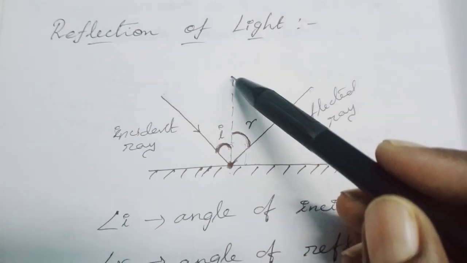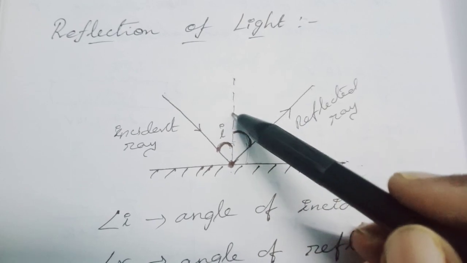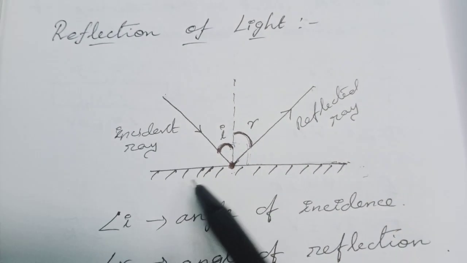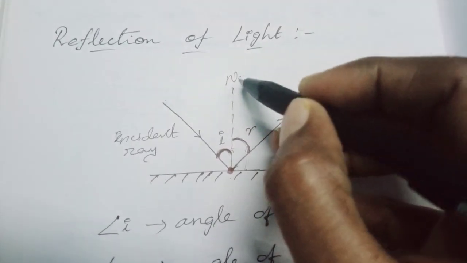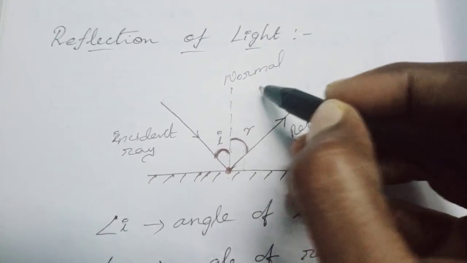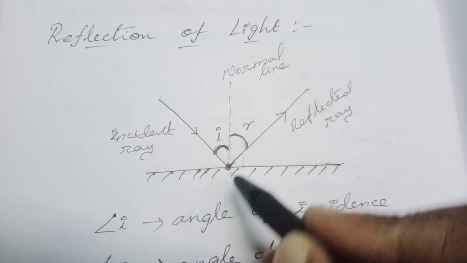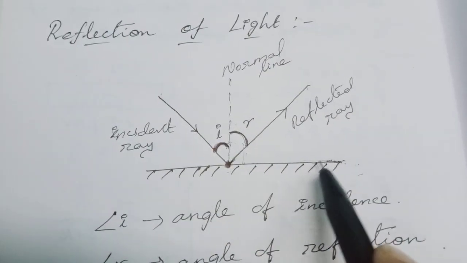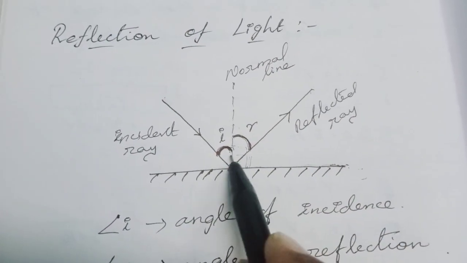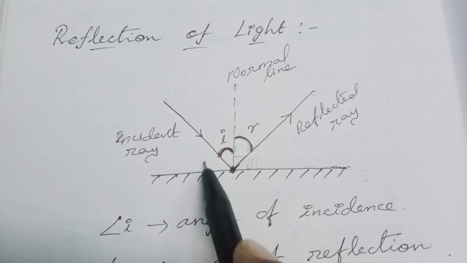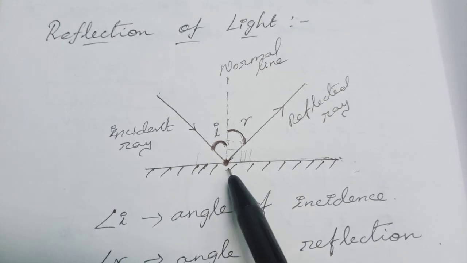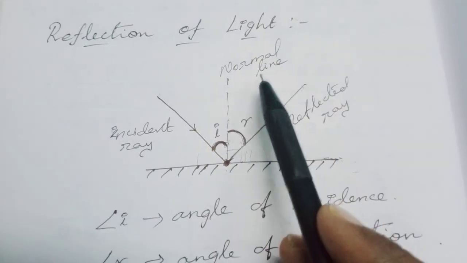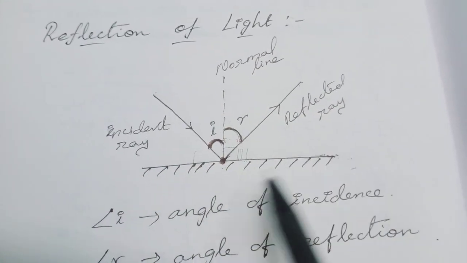The normal line or the perpendicular line drawn to the plane surface is called the normal line. It should be perpendicular to this plane surface, so this angle should be 90 degrees. Only then is it a perpendicular line. So that is called the normal line.